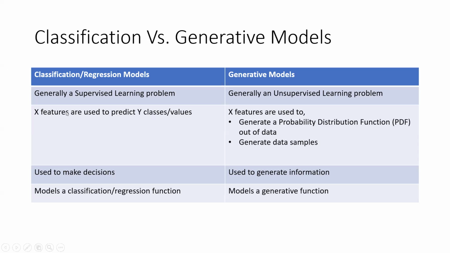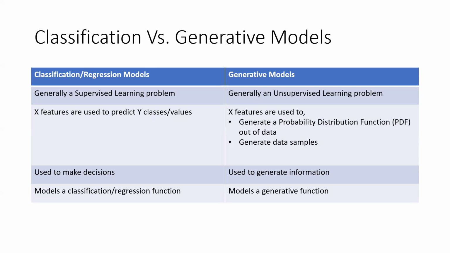But in generative models, most of the time they involve unsupervised machine learning, but sometimes there are supervised machine learning techniques as well, right? But for pre-training for some of these, that means we are using unsupervised machine learning.